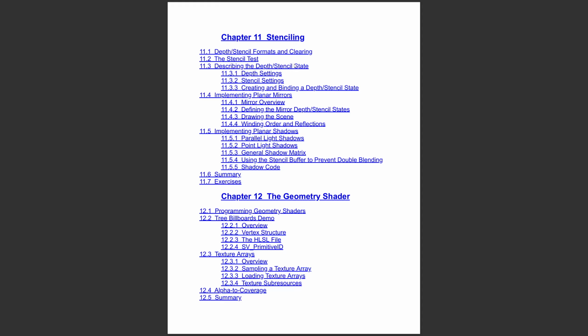We have Chapter 12 on the geometry shader, which we start with programming geometry shaders. And we have the tree billboards demo, which is actually, I just remembered, exactly what I want to do. Those trees are going to have some transparency in their textures. It's a billboard.